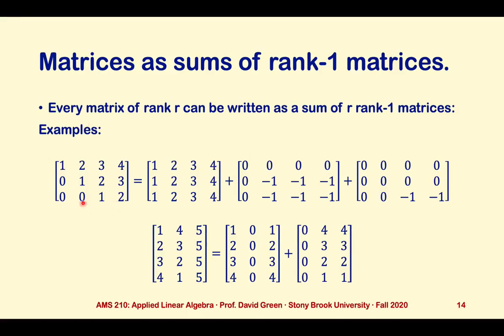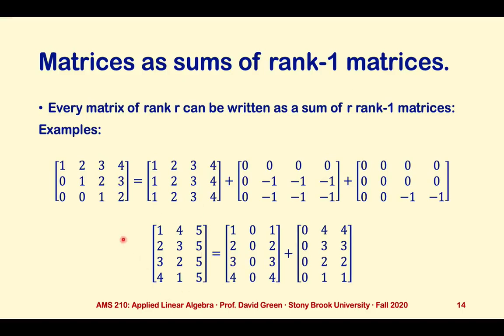And we can write this matrix as a sum of a matrix that has 3 identical rows, rank 1, a matrix that has a row of zeros and 2 identical rows, another matrix of rank 1, and a matrix that has 2 zero rows and 1 non-zero, a rank 1 matrix.